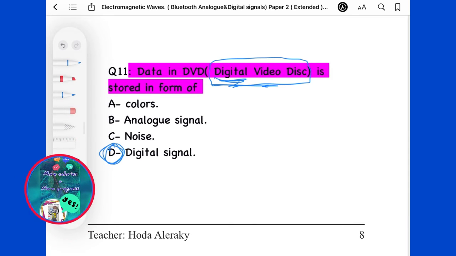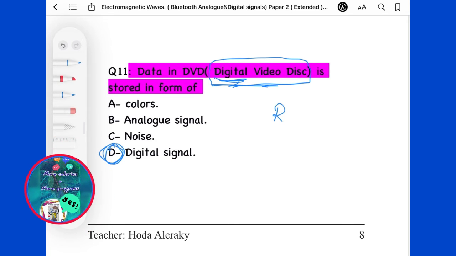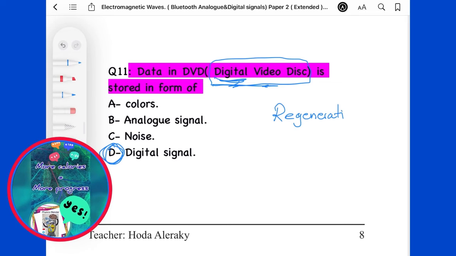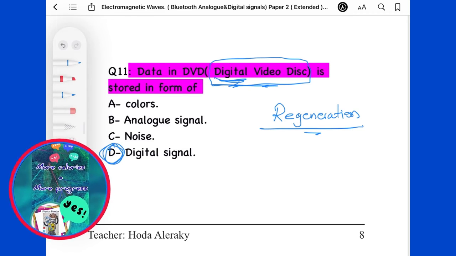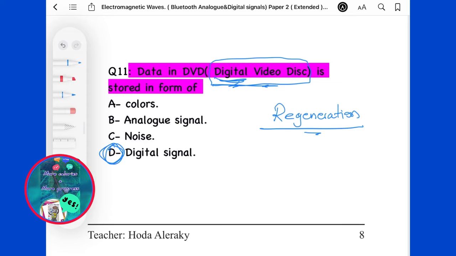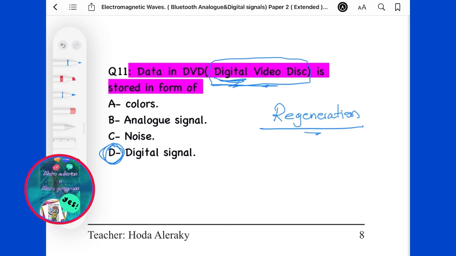You can find in the notes at the end of the video the difference between analog and digital. The most important point is what we call regeneration. What do you mean by regeneration? Digital signals can be regenerated after decoding. So regeneration of digital signals creates a clear and accurate copy of the original.